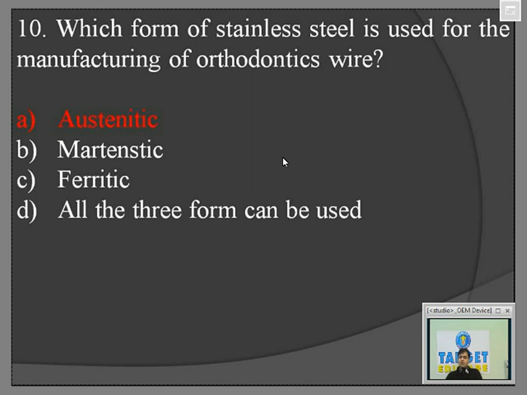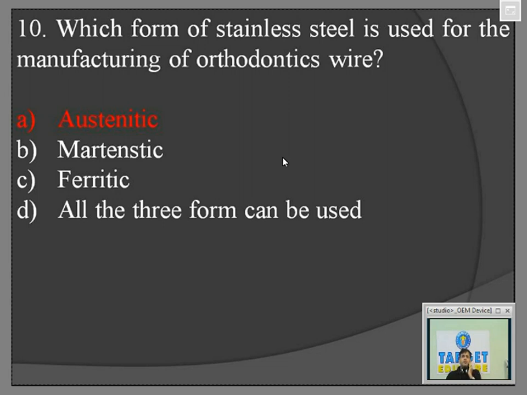Okay, so someone has asked what is sensitization. Sensitization is a process when, if you expose the steel material and heat it at temperatures of 500 to 600 degrees centigrade, chromium tends to precipitate and form chromium carbides. In this process of precipitation of chromium carbides, chromium is depleted from the boundaries.